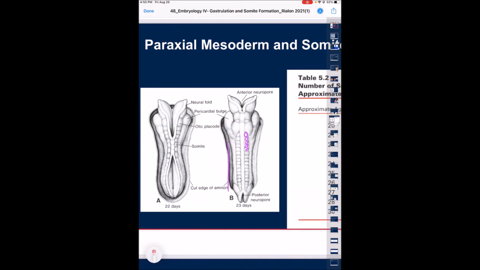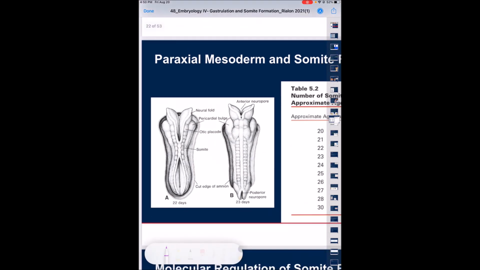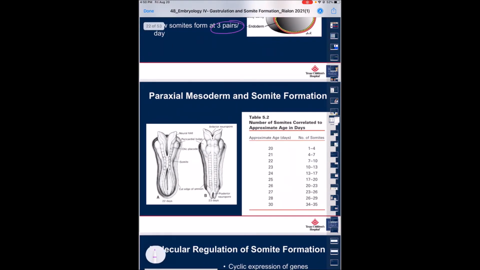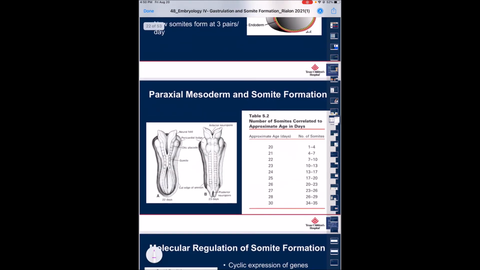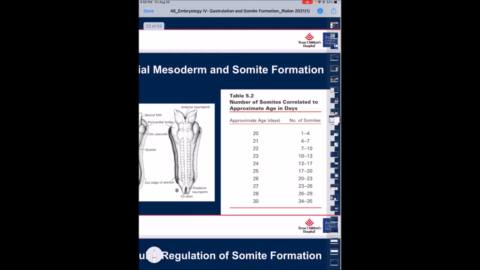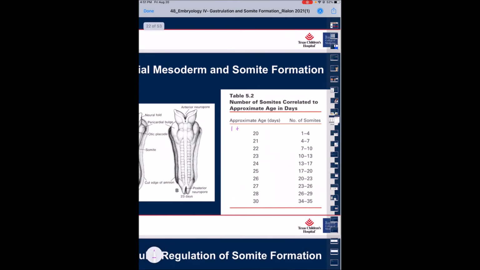The rate that this happens is about 3 pairs a day in humans. It's different in mice. But we have about 3 pairs a day in humans, and you can use this to estimate embryo age. Starting on day 20, roughly speaking, you're going to start with about one somite on day 20, and then 3 times the number of days since day 20 will give you roughly the number of somites on the low end.